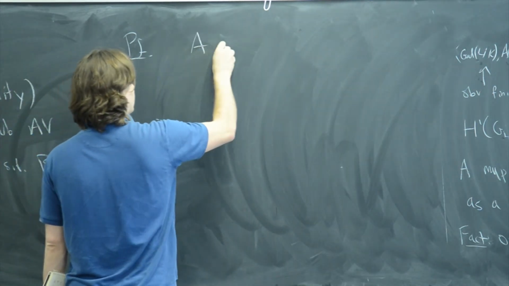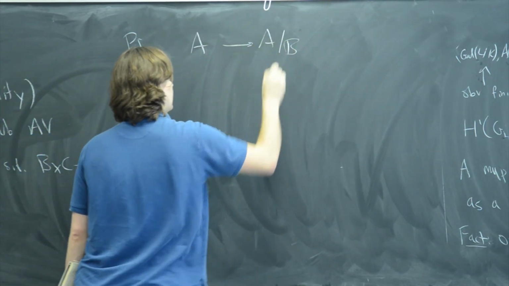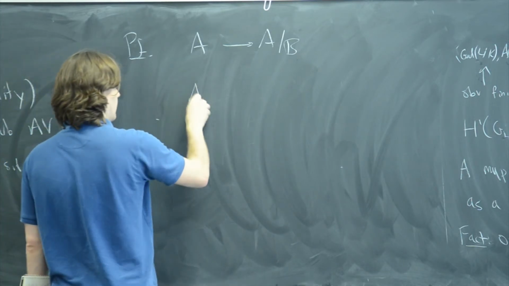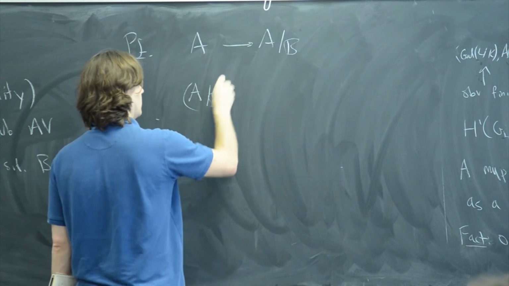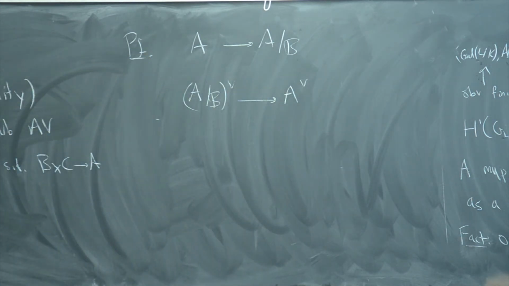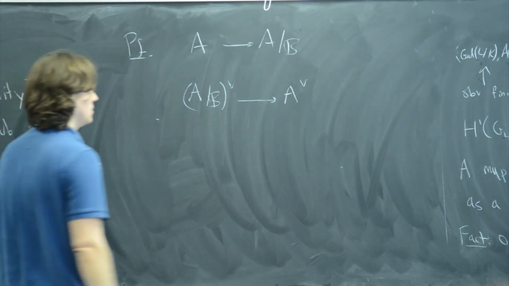So I guess I never said this, but you can quotient by abelian subvarieties and get an abelian variety. So you have this quotient map, A to A mod B. And there's a map on the duals in the other direction. Like this. But now since these are abelian varieties, you can choose, there's not a canonical one, but you can pick polarizations.